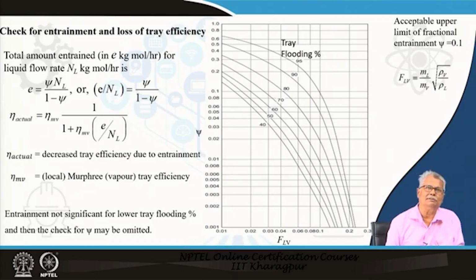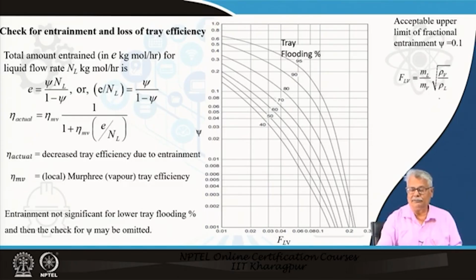To start with, we talk about the entrainment, and this entrainment check is also very similar to what we have seen. In fact, it is practically the same as what you find in the case of your sieve trays. It is the same plot. In fact, the same FLV factor is used, which is the ratio of the liquid to vapor mass velocities. Then you have the rho V and rho L. So, we know the value of FLV.